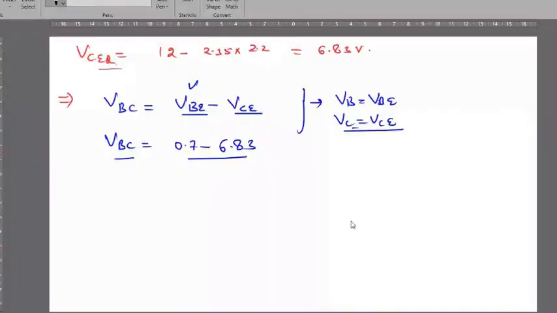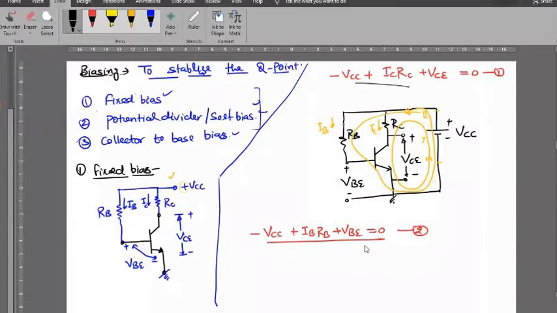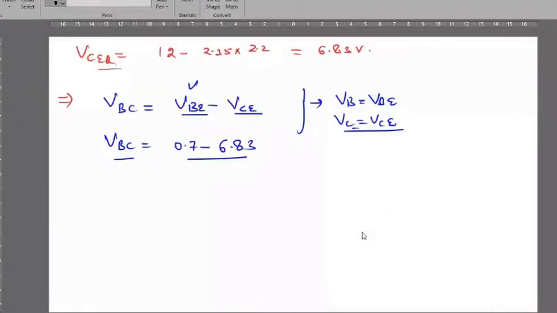Can you do this exercise? Stability factor for each and every kind of biasing in the later sessions.